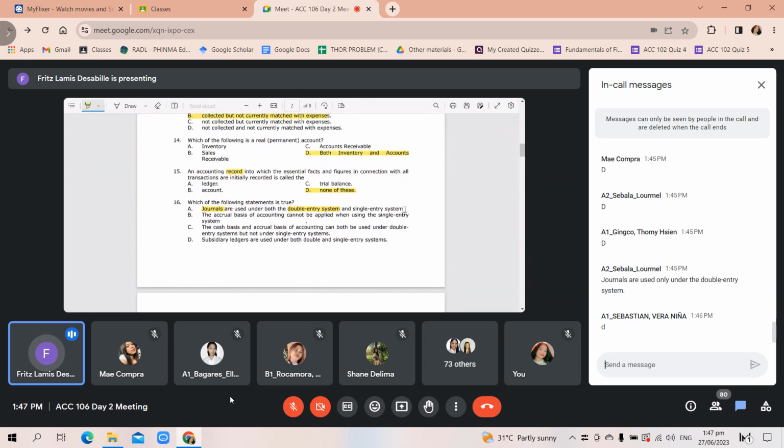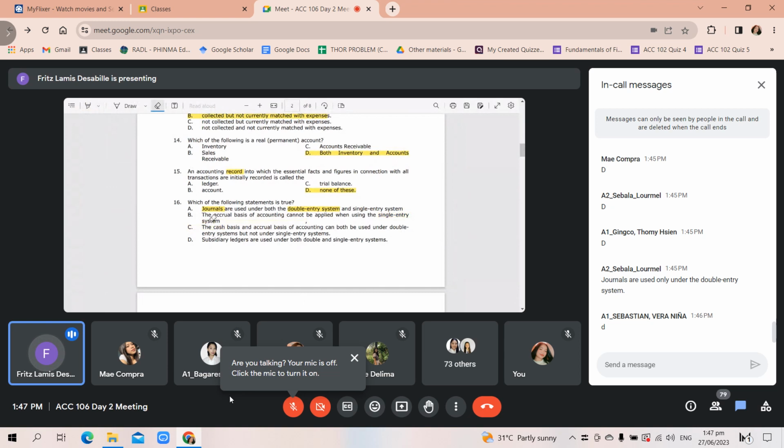Sure ko sa letter A and B. So under the single entry system, you can still use the accrual basis. Letter C, the cash basis and accrual basis can be used under double entry systems but not single entry systems, is wrong because again, contradicting siya sa B.